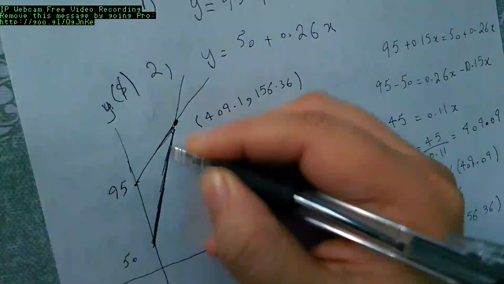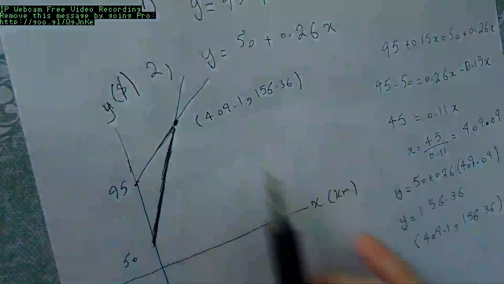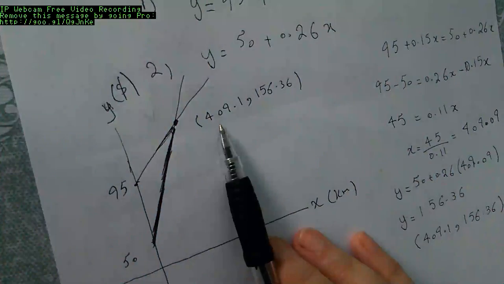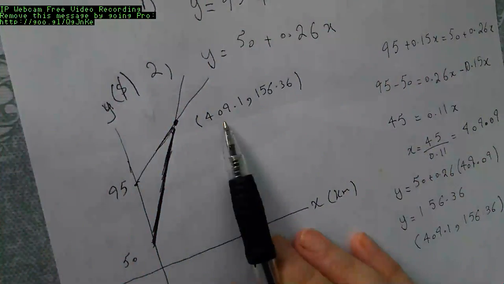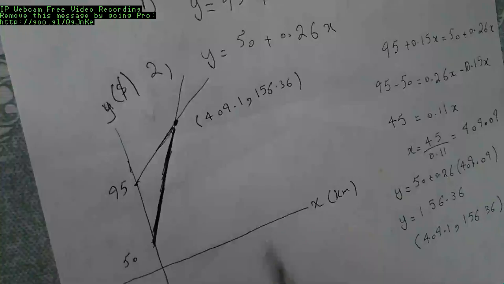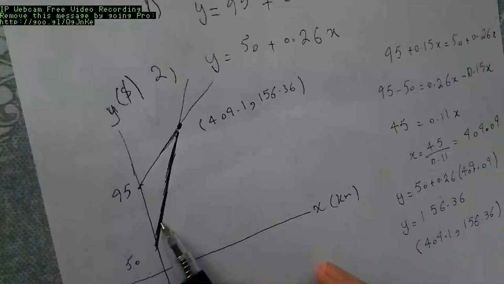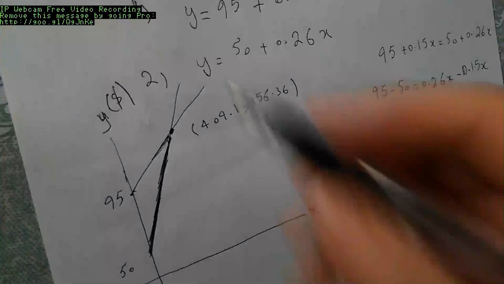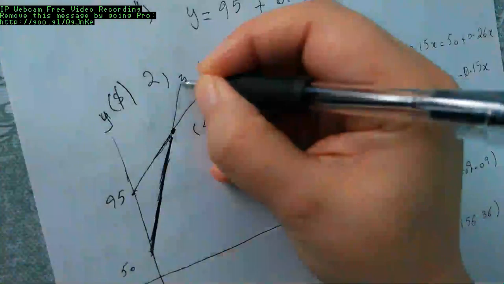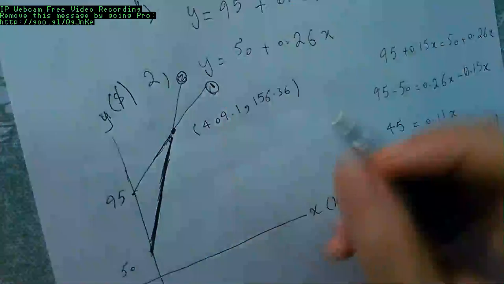If you're driving less than 409 kilometers, which option is better? The second option. This is the second option and this is the first option.